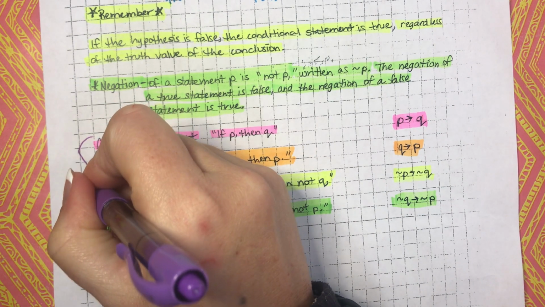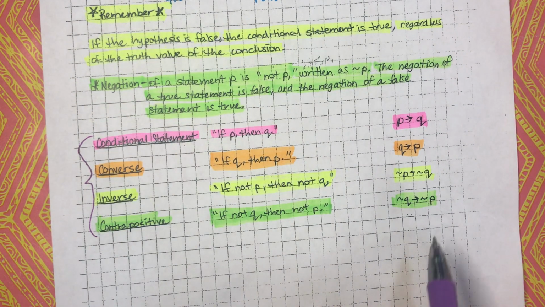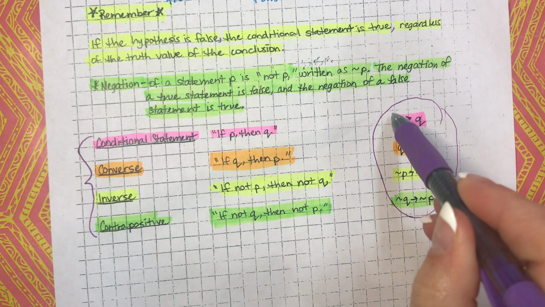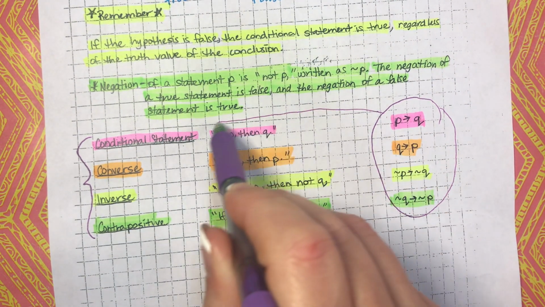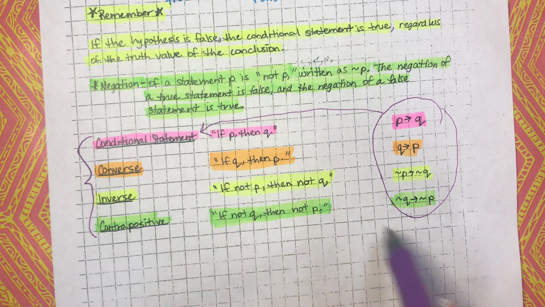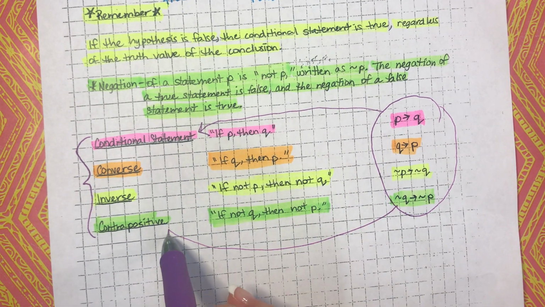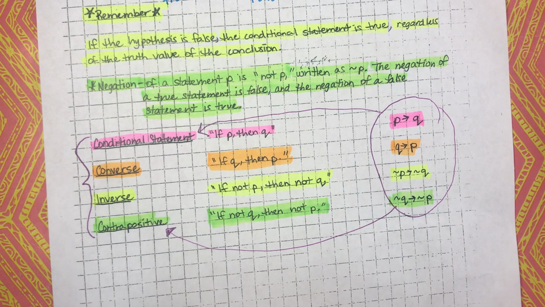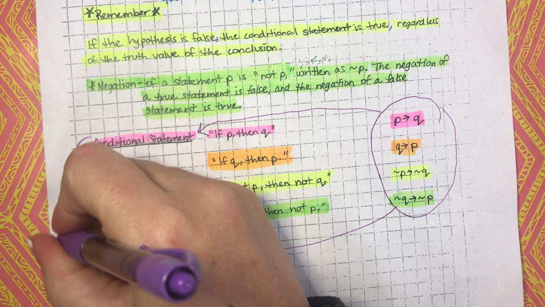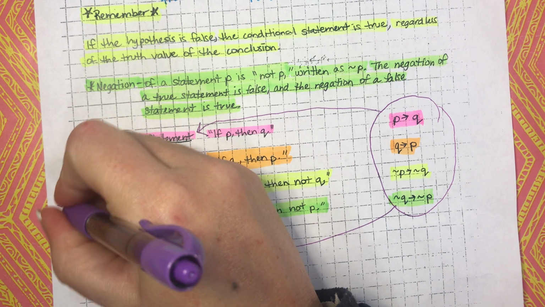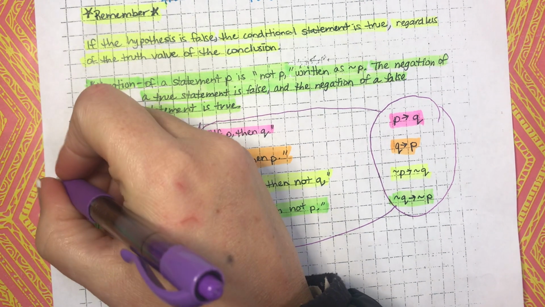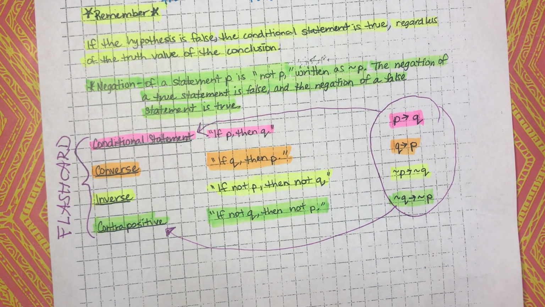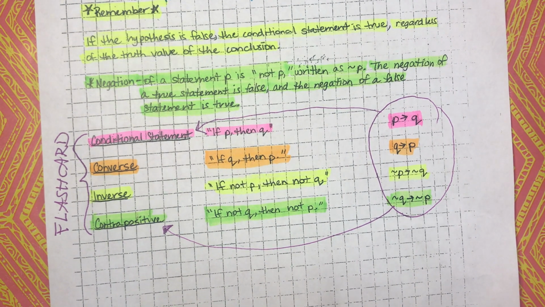You're going to have to do this on a quiz and a test. So it's really important that you memorize these symbols and which symbols go with what vocabulary, because if you can remember the symbols with the vocabulary, you'll be able to write down all the statements that you're going to have to write down.